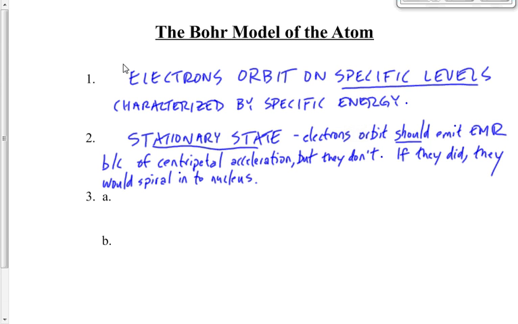Why? Because they're losing energy. As they lose energy, they can't maintain the same orbit around the nucleus. It is as if they are stationary. I say as if, and I underline that because they're not really stationary. It's as if they're stationary.